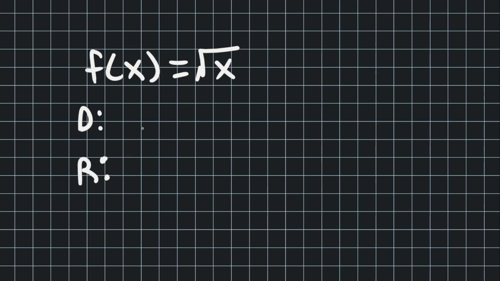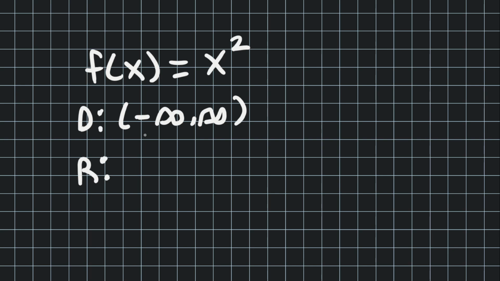So we know the domain and range. And let's actually say f of x equals x squared, and we know the domain and range. So we have this function f of x equals x squared, and we know that the domain of f of x equals x squared, this parabola right here, it's all real numbers. So negative infinity to infinity.